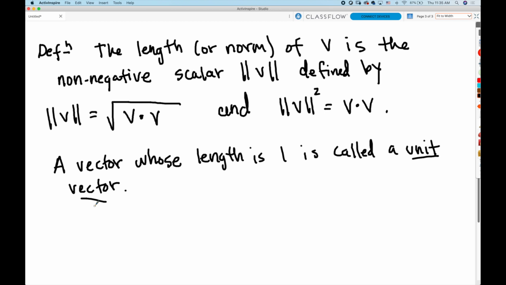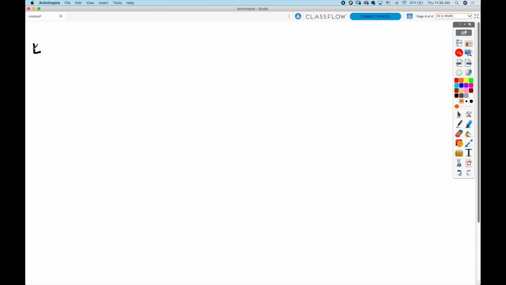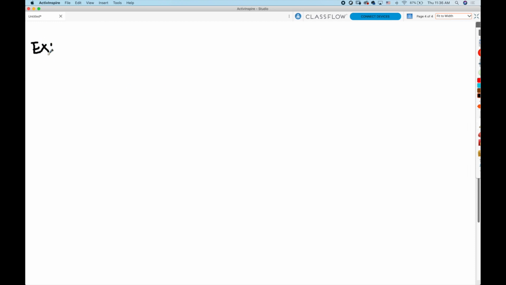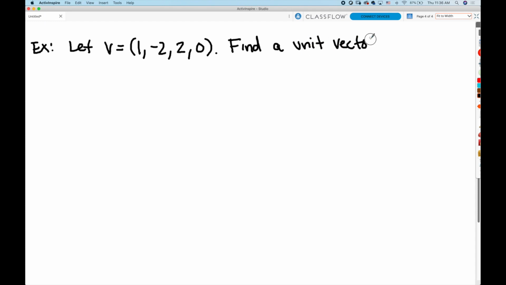So let's do a quick example. We're going to let v be 1, -2, 2, 0, and we want to find a unit vector, u, in the same direction as v.